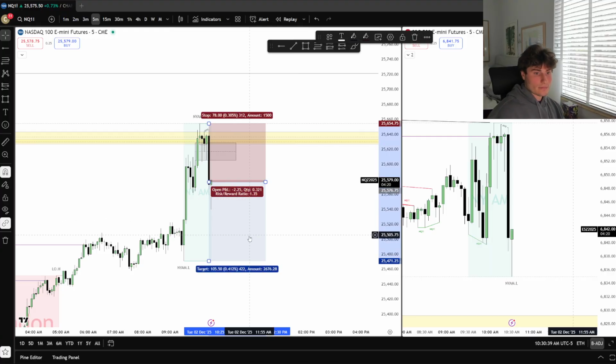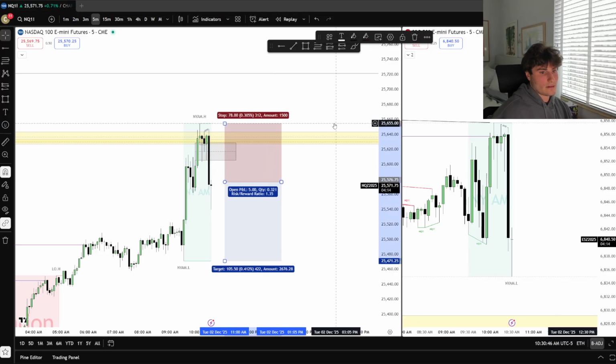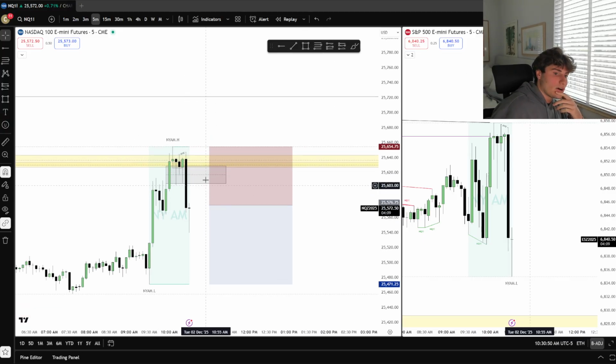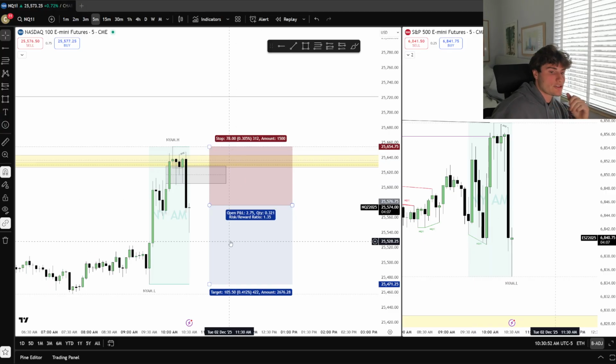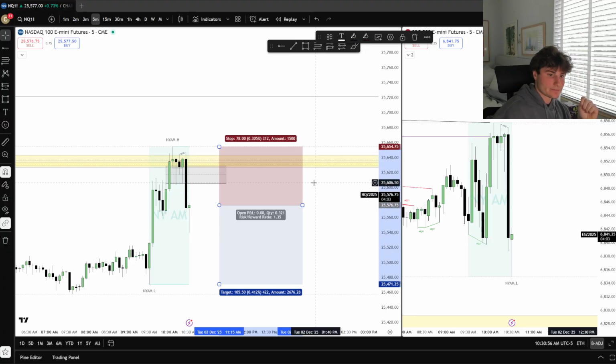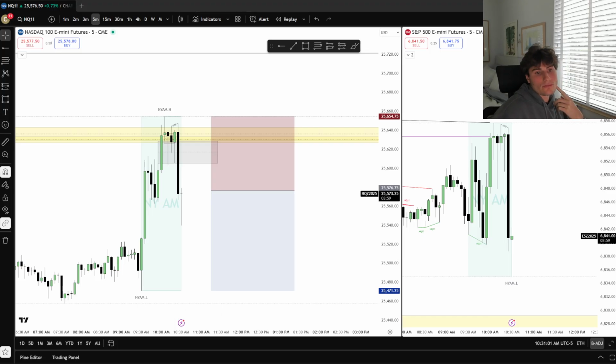Okay, so I'm gonna look for a re-entry. If we tap into this 5 minute inversion up here, I'll look for an inversion short out of that inversion. You get me? Two break evens on the day, guys.